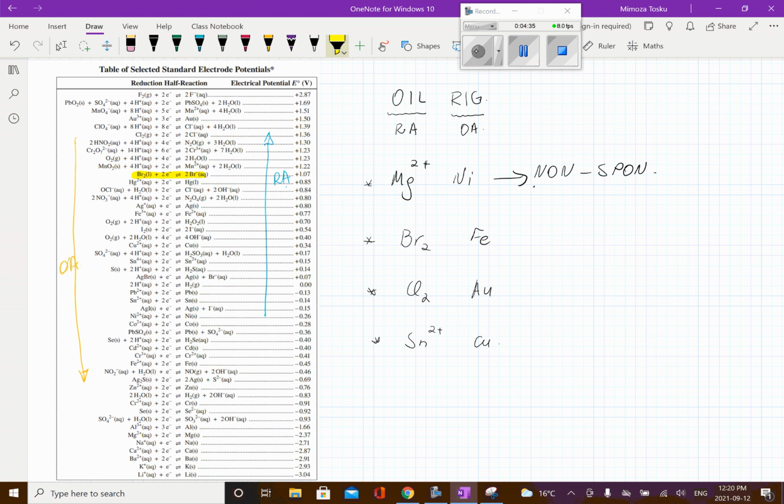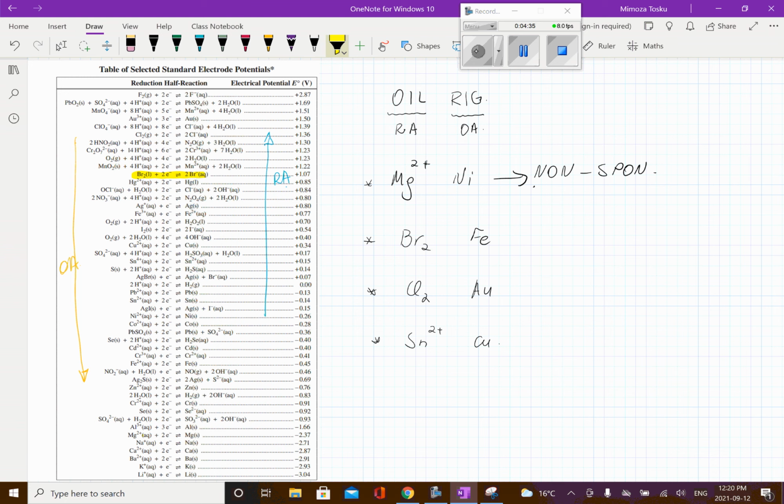It is an interesting fact when we see that tin 2+ and copper are reacting together, because copper is this one here, and tin 2+ we see in two places. We see it here, I will circle it, in the reducing agent side, and we see tin 2+ here as an oxidizing agent.